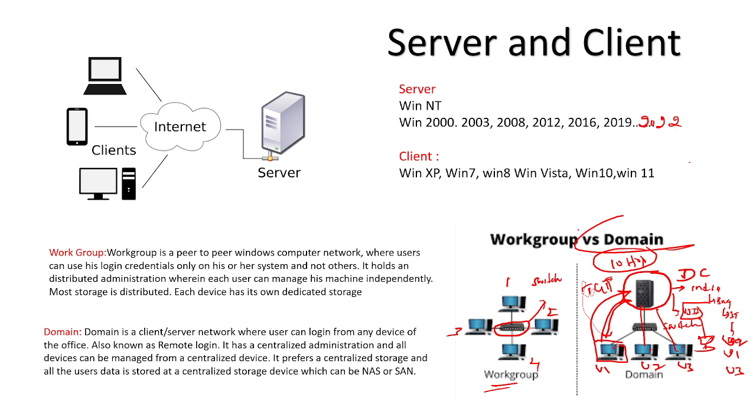So only these three are in support now. Microsoft is supporting only 2016 to 2019, 2022, and the rest are legacy. Legacy means old and there is no support. And for clients also, Windows XP to Windows Vista are legacy, and these are in support now. Okay, they are legacy.